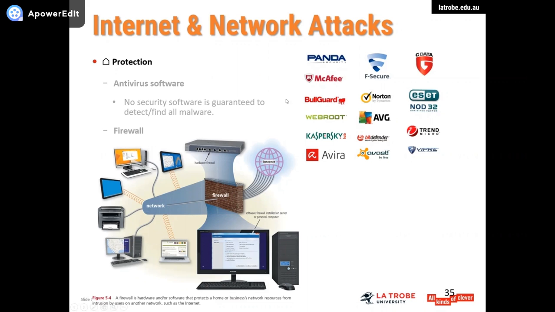One reason is that viruses, worms, and Trojan horses are evolving all the time. New malware will be generated from time to time, so it will be very difficult for antivirus software to detect all this newly generated malware.